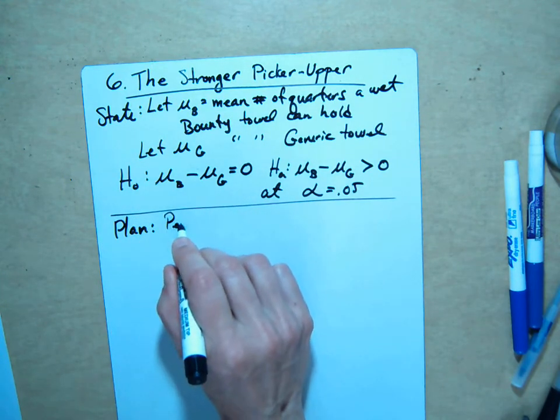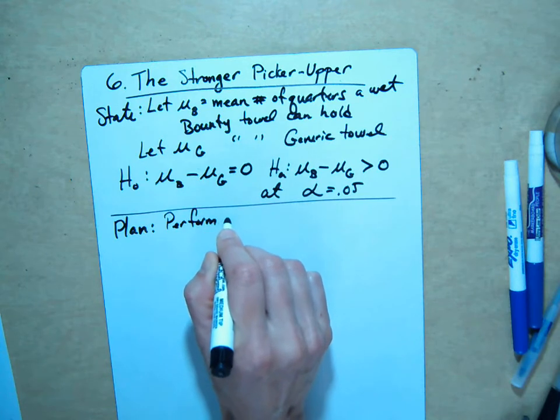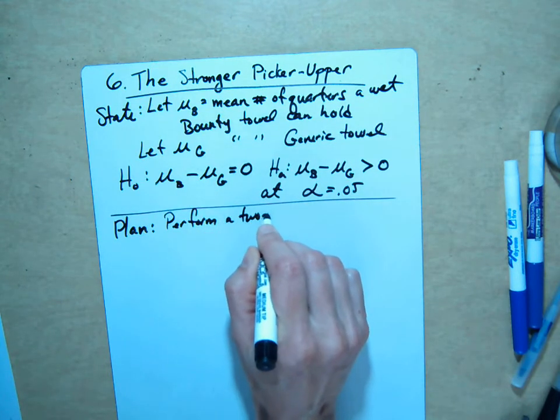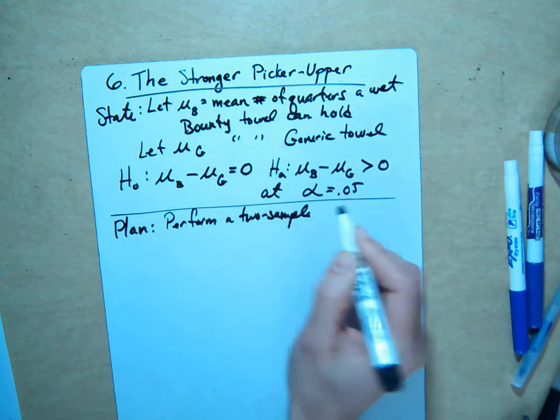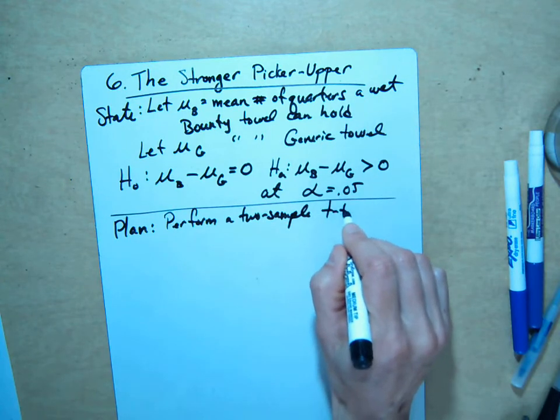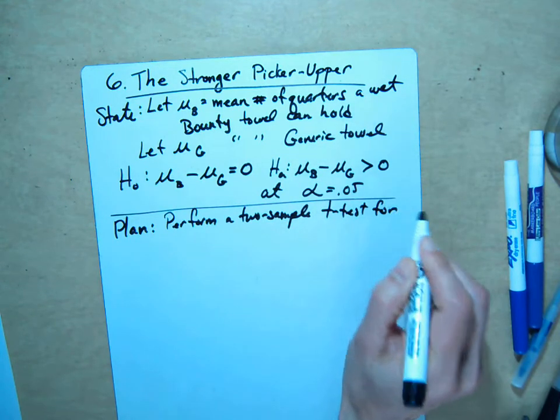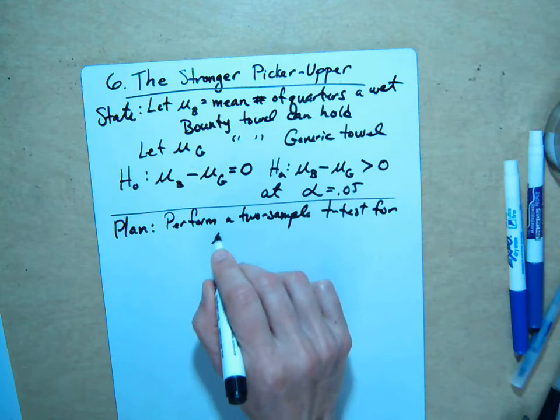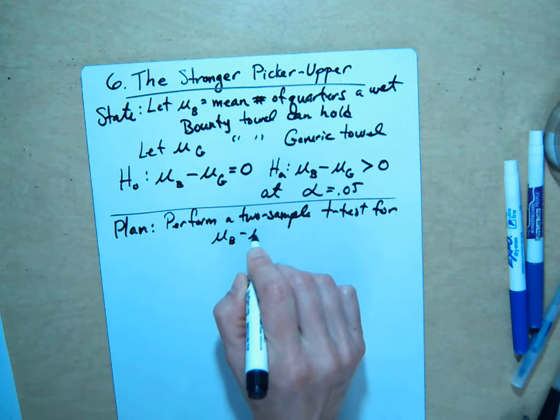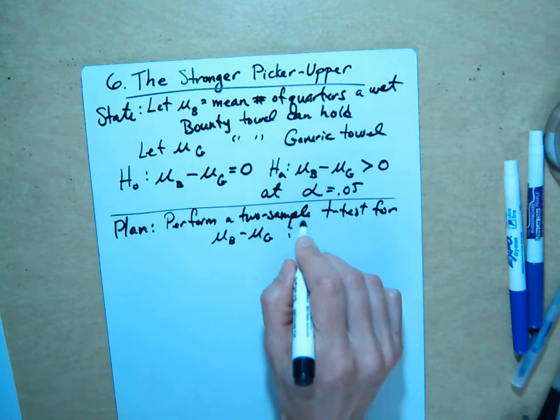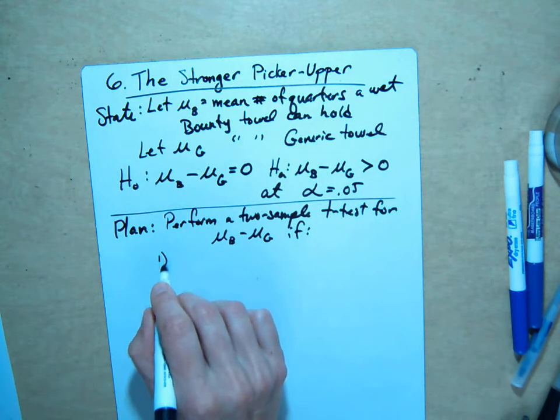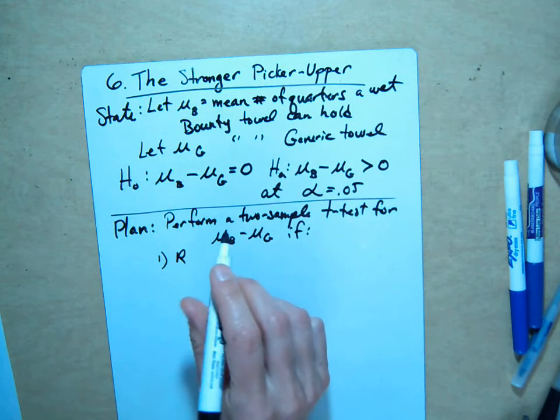We're going to perform a two sample t-test for the difference of means, or you could write it in notation, if the 3 conditions are met: random, normal, independent.